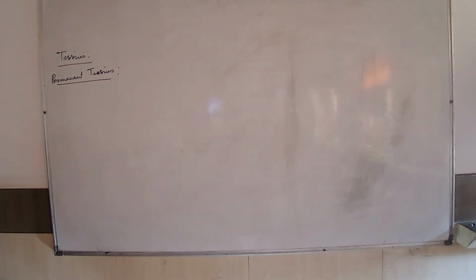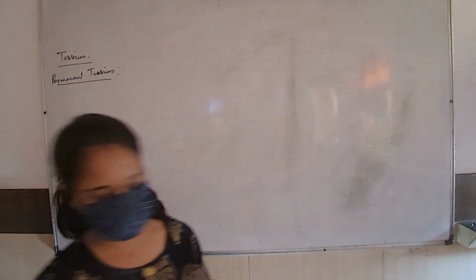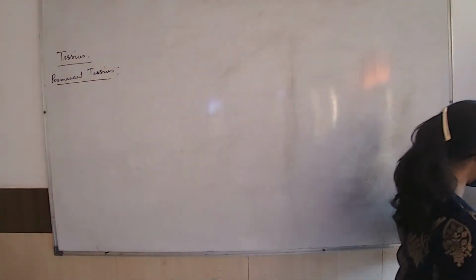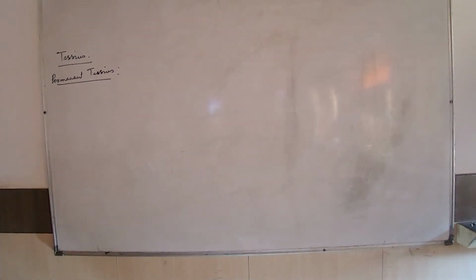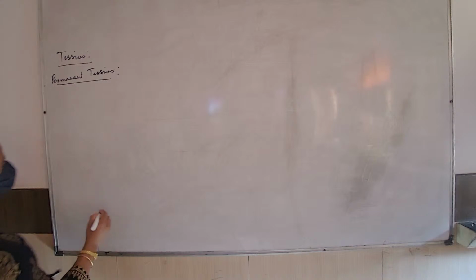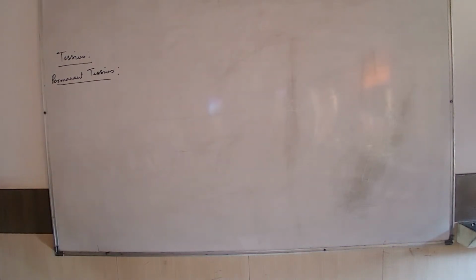Permanent tissues, under the concept of permanent tissues, now we'll be studying the different types of permanent tissues. So let us start. What will be the classification that we are going to study? I already gave you what are some of the characteristics of permanent tissues. What are some of the characteristics? If I talk about permanent tissues, cells do not show the process of division.